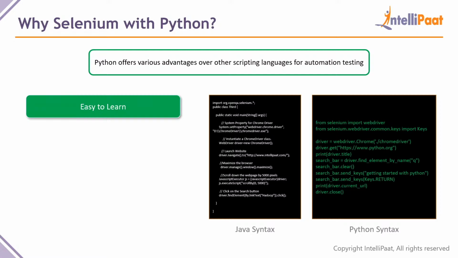In Java, you have to declare classes, you have to declare the main method, you have to initialize the Chrome driver objects and whatnot. In Python, you can simply import the libraries that you need and get started with your particular use case. So it's quite easy to learn for somebody who's from a non-development background, basically doesn't have much experience in object-based programming. So for that purpose, it's quite easy to get into as a tester.